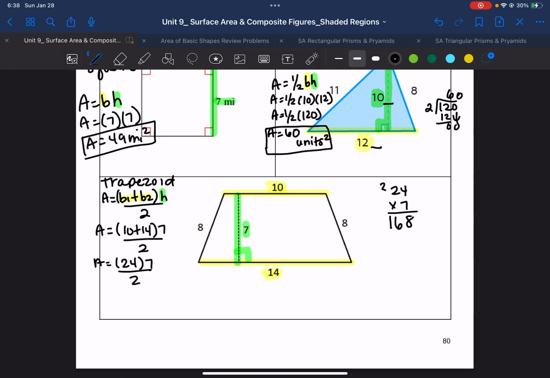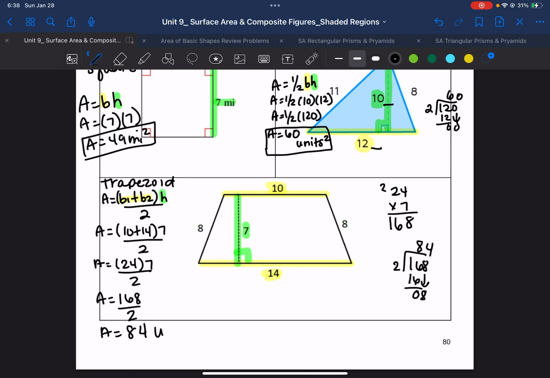So my answer right now is 168, but then I have to divide by 2. So 168 divided by 2, 2 can go into 16 8 times. And then it can go into 8 4 times. So my final answer is 84 units squared. This is my final answer.